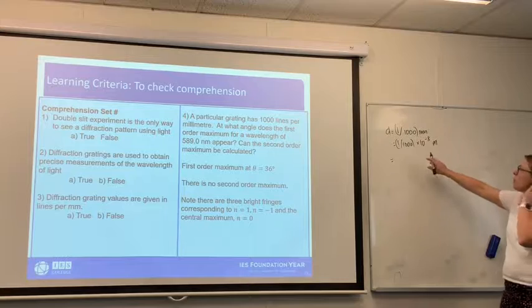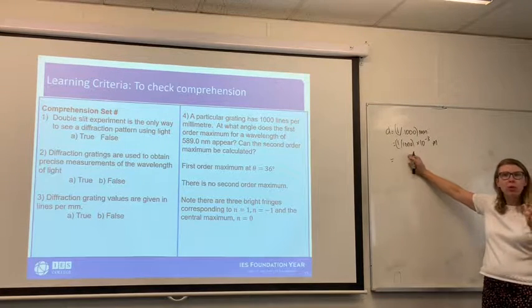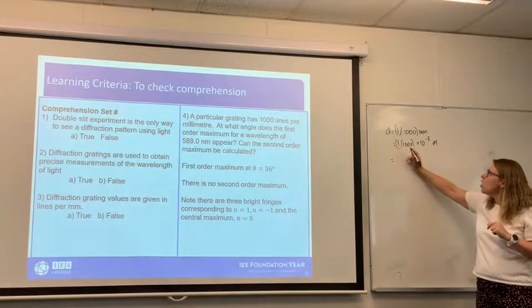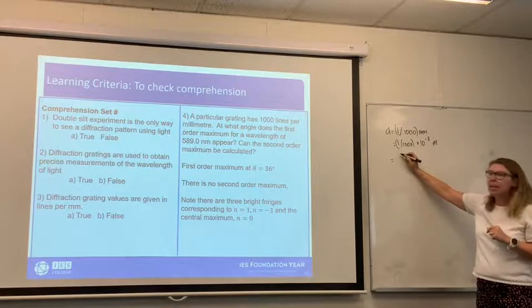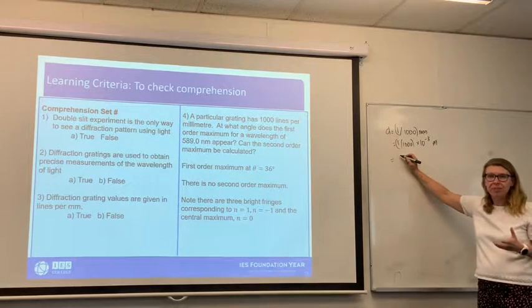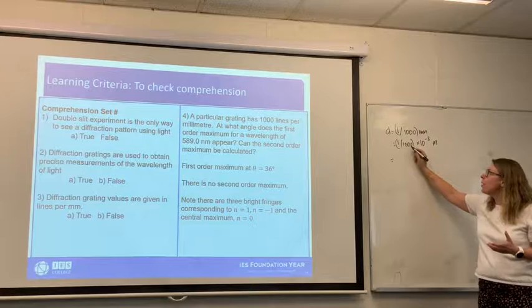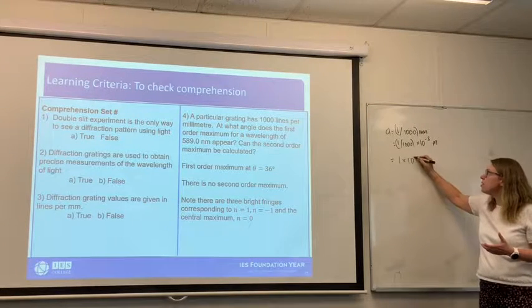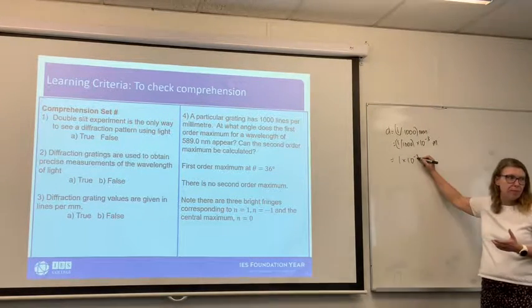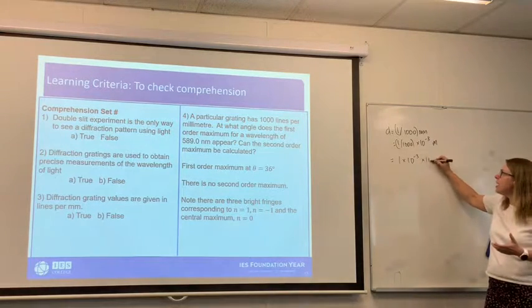Okay. So, my advice to you is when you look at this, you want to convert this into something much easier. So 1 divided by 1,000 is the same as 1 times 10 to the negative 3. And we times that by 10 to the negative 3.